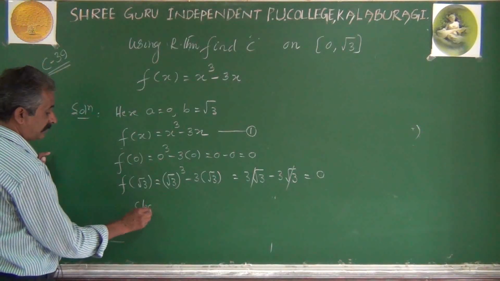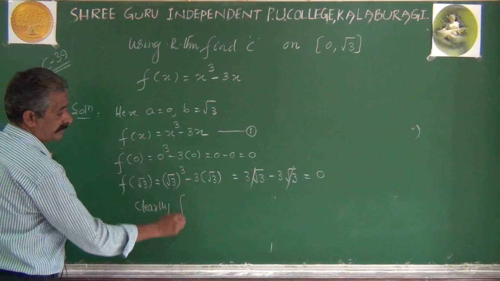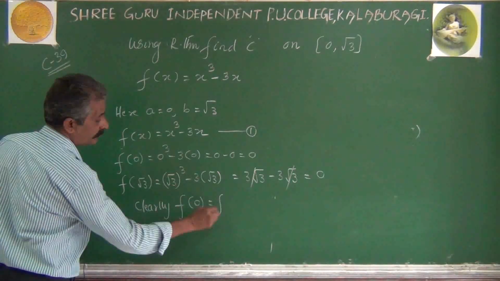Write clearly that f of 0 equals f of root 3 holds.